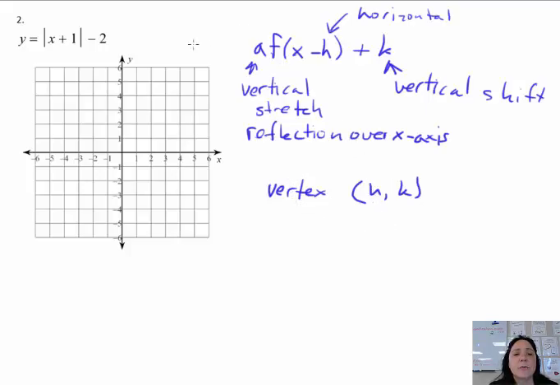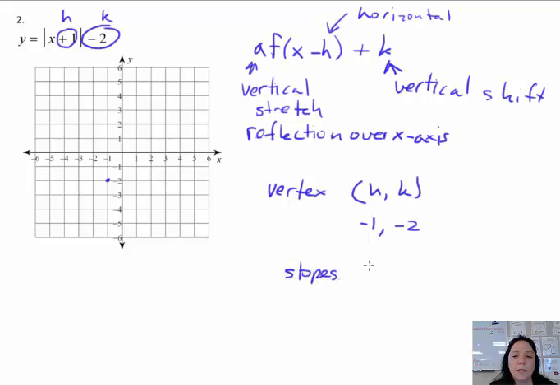So, given that this is what we're working with, our h here, x minus -1 would give +1, so our h is -1, and our k is -2, so we have a vertex at -1, -2. We don't have any stretch, so our slopes are going to remain what our a value is, the positive and negative of our a value.